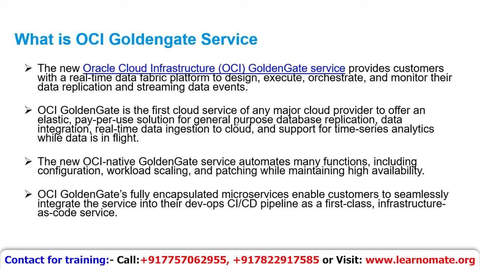Why this is the best solution: if you're going for GoldenGate licenses, they are charged based on source and target database cores. It doesn't matter how many GoldenGate installations you do. Even if you're installing a GoldenGate Hub, you still have to pay based on the source and target database cores you have.